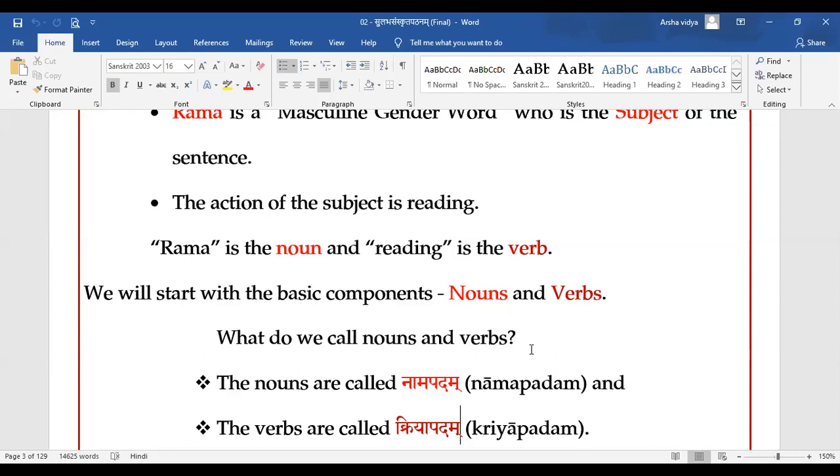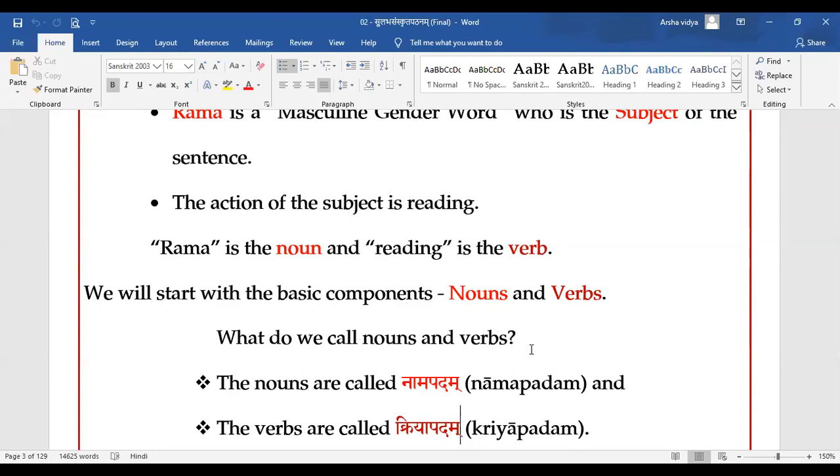Noun form is called a Namapadam. Similarly, Kriyapadam, instead of translating it as a verb, we can translate it as verbal form. So Namapadam is noun form, Kriyapadam is verbal form.